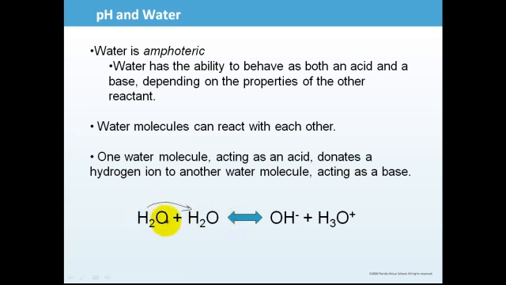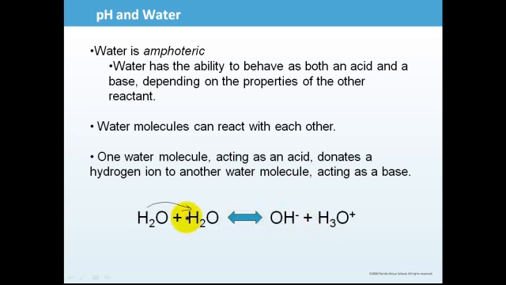So after you remove an H, on this side you just have OH. Because the hydrogen ion carries a +1 charge, what's left behind is a -1 charge. And then the other water has included that H+, so now you have H3O+. So you have your two products here from that double replacement reaction.